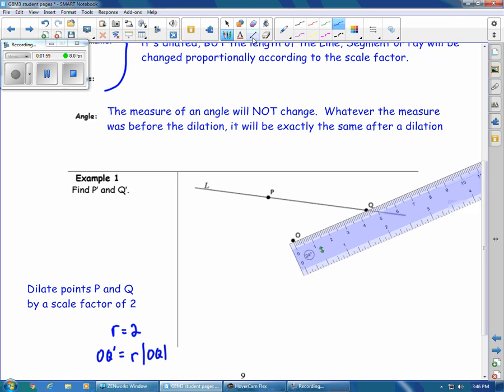So what I'm going to do is draw a line from our center of dilation through point Q and beyond. Mine happens to be orange. I'm not exactly sure why. I never put it on orange, but there it is. Okay.